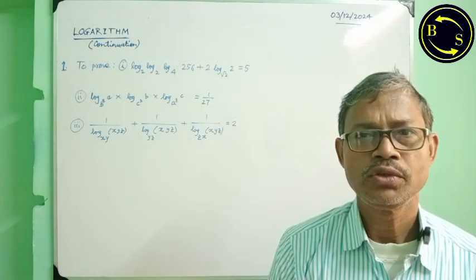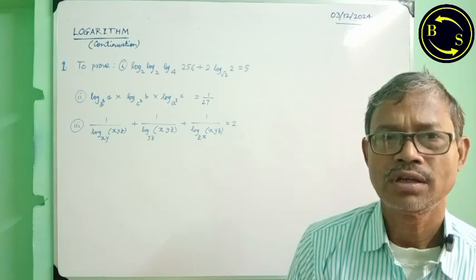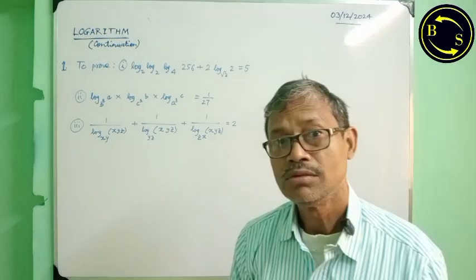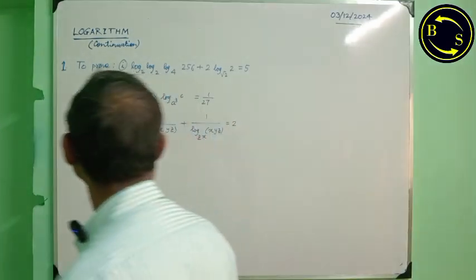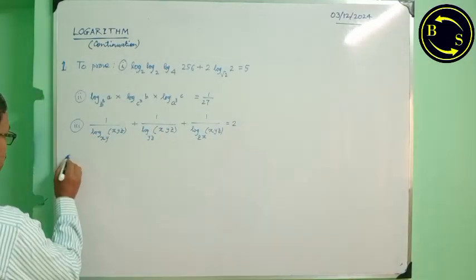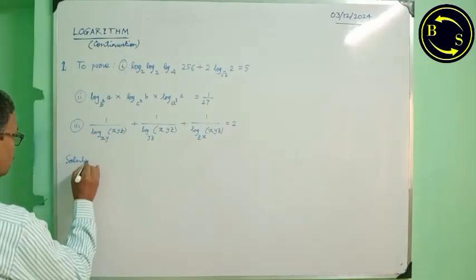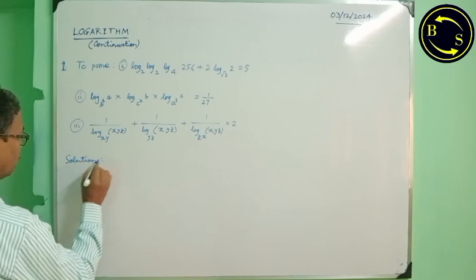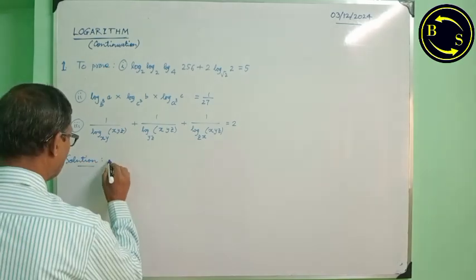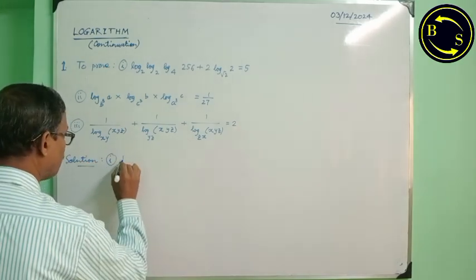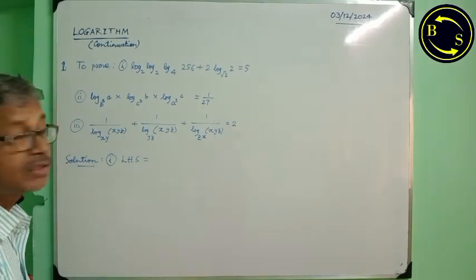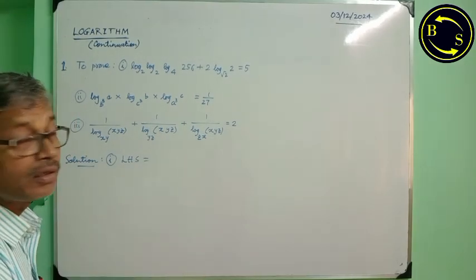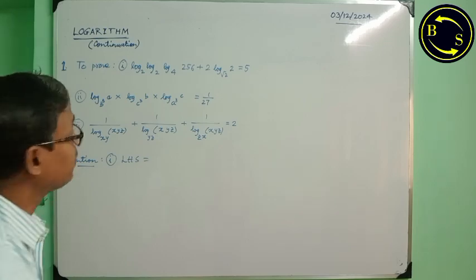I am continuing today the topic logarithm. Now I am going to work out the sums serially. I shall start from the left hand side and reach the right hand side.